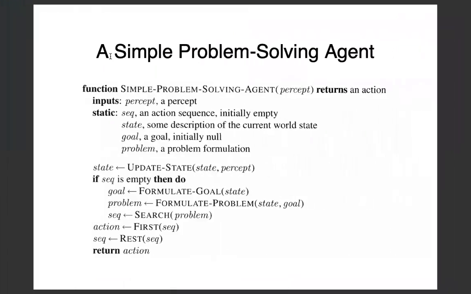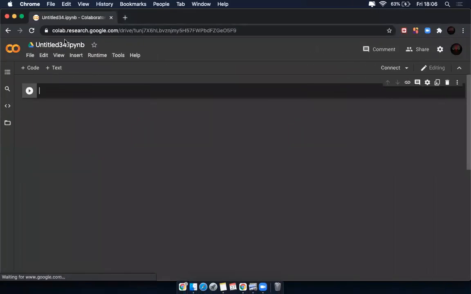I'm going to name it A star, because with the help of the problem solving agent, we are going to solve the problem of the search space, where we start and where we end. Now this is my formulation of the problem.